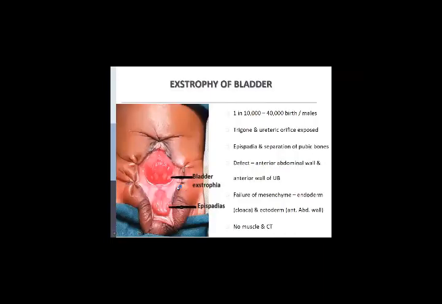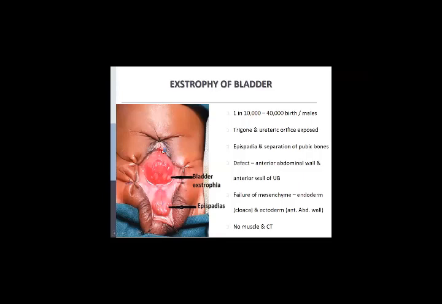Very unfortunate condition, exstrophy of bladder, occurs in 1 in 10,000 to 1 in 40,000 live births, and males are more commonly affected. Now, this area that you see, this is the opening of the ureter, this is the opening of the ureter, so this area becomes the trigone. This is the urethra, which is open to the surface.